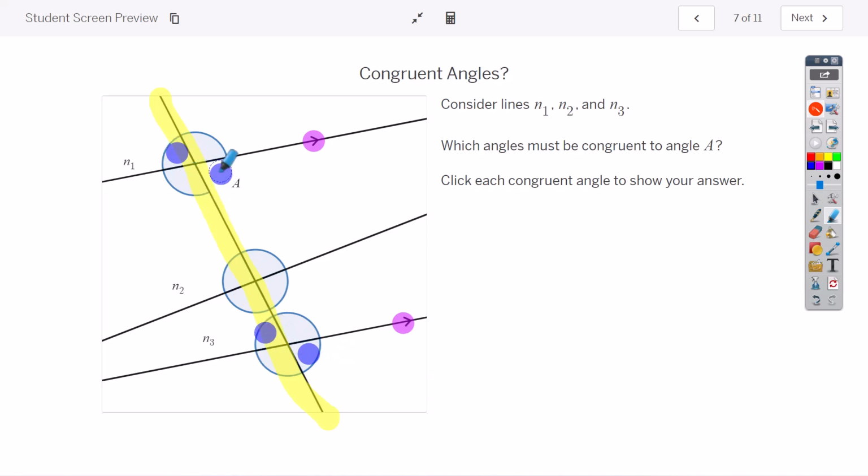So you'll notice that there's some angles connected to each of the parallel lines that are going to be congruent to A. But I didn't click on anything from this line that wasn't parallel. I don't know anything about those angles in that circle.